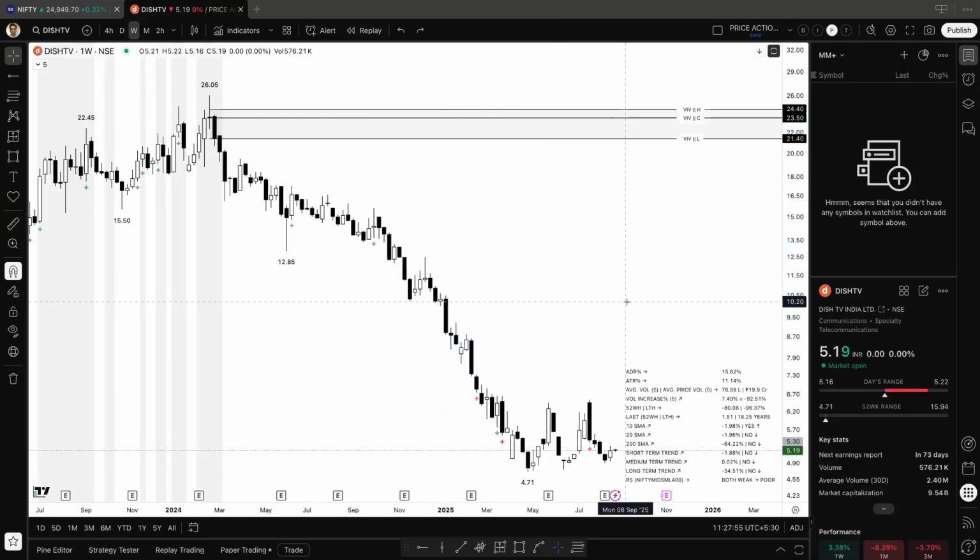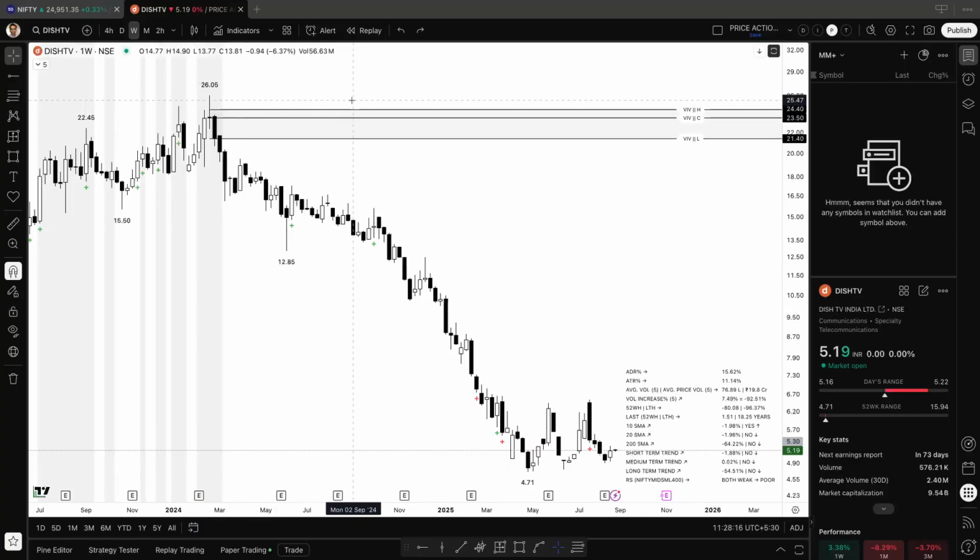So this is why the VIV zones, which are auto drawn for you, are very important. Okay, so this was a sell exit kind of VIV zone because it broke the low and couldn't survive above the high.